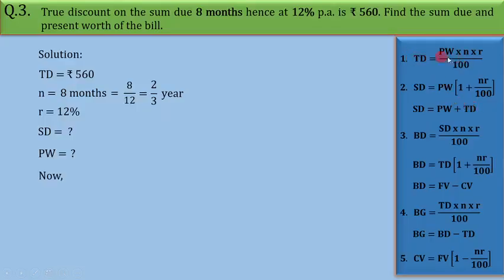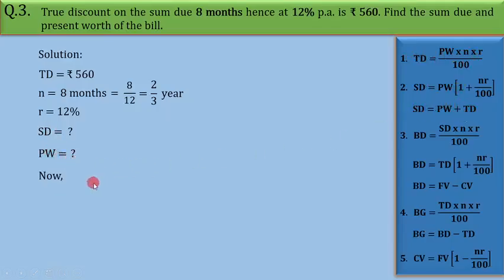Using formula number 1, we are given TD, N and R, so easily we can calculate PW. And once we get PW, using the SD formula we can easily calculate the value of sum due or SD.